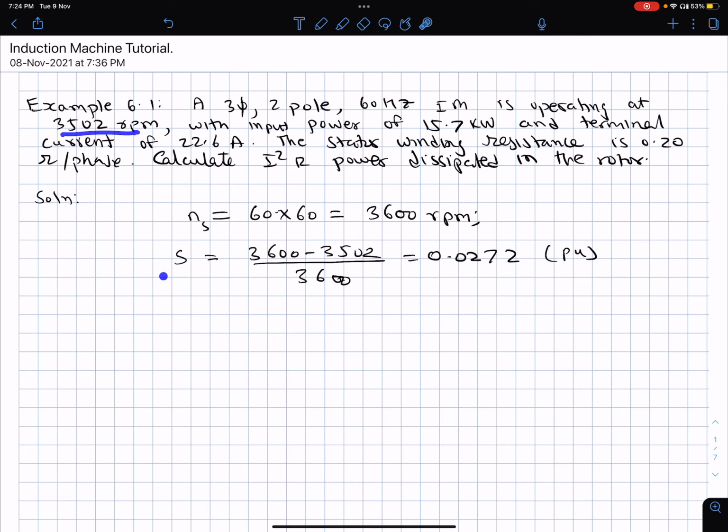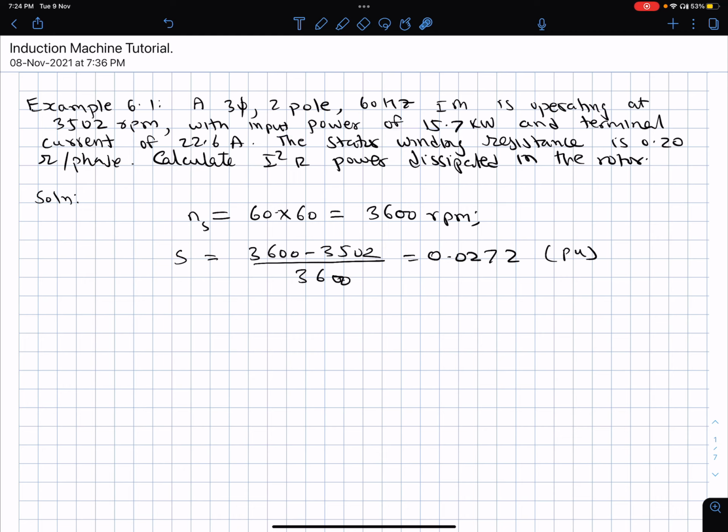So this means we know the slip. Then the second thing given is that the motor is operating at 3502 RPM with an input power of 15.7 kilowatt.